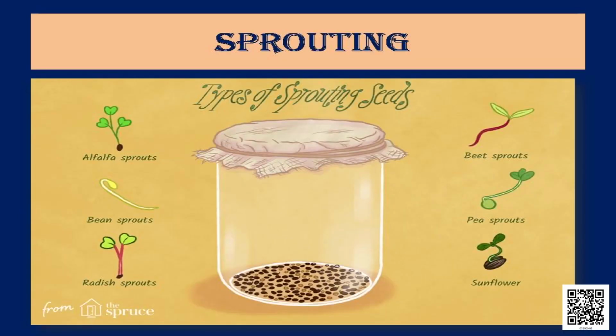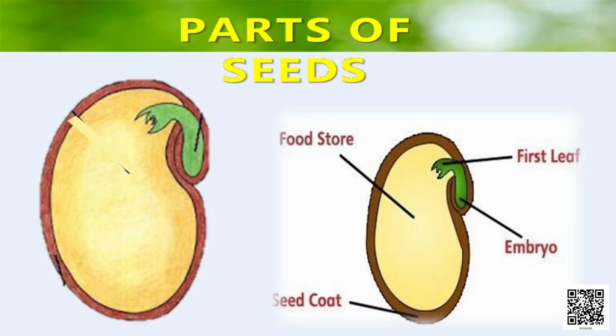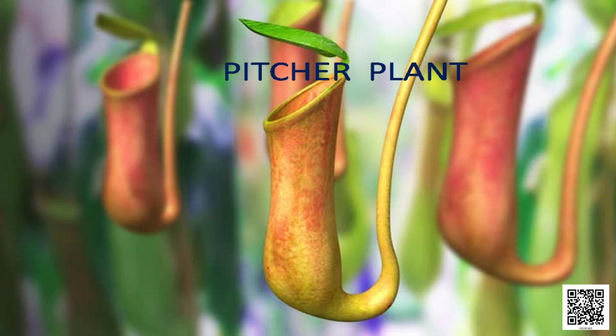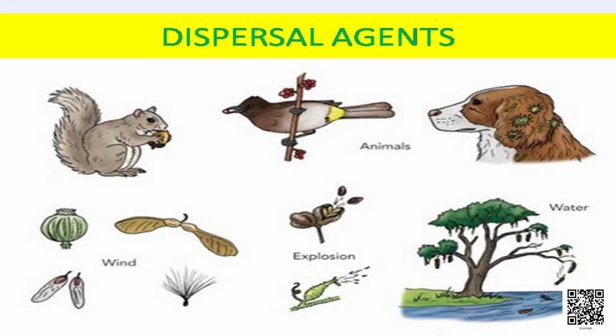We read about the parts of a seed. What we read was the hunting plants, isn't it? Hunting plants like Venus trap, pitcher plant, and how they make insects their prey. We learnt about dispersal of seeds, different ways of dispersal of the seeds.